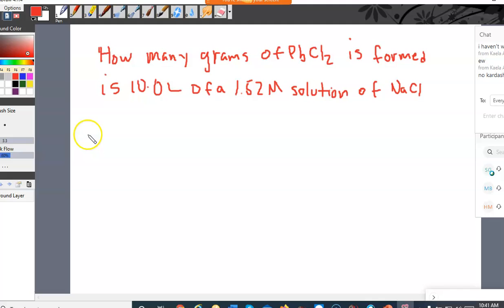Okay, so here we go. How many grams of lead chloride is formed if 10 liters of a 1.52 molar solution of sodium chloride. Oh, hold on.